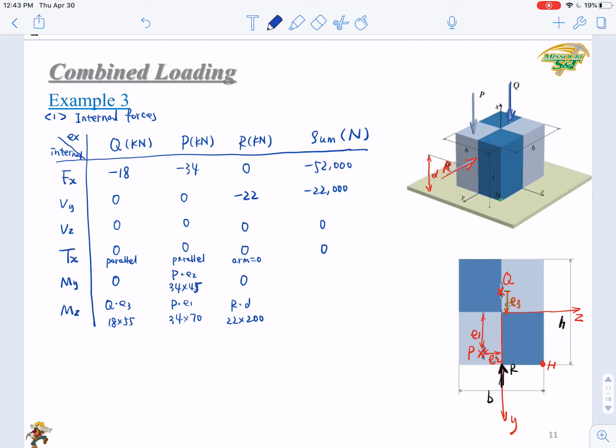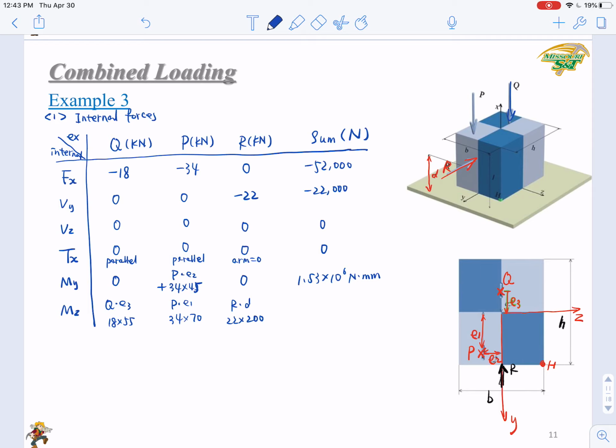Okay, we said this is positive. Okay, so here the results will be 1.53 million Newton millimeter.